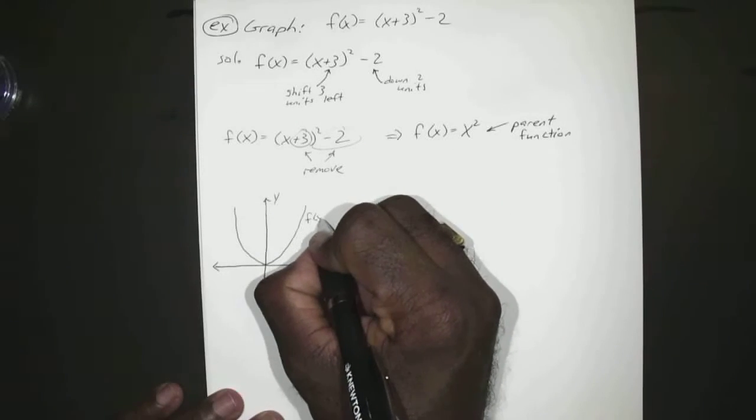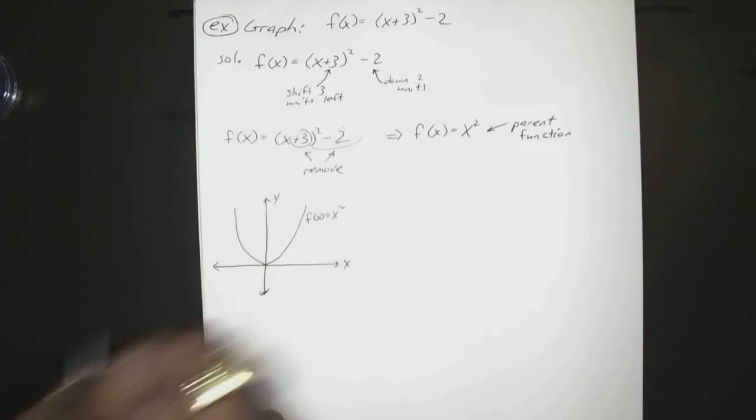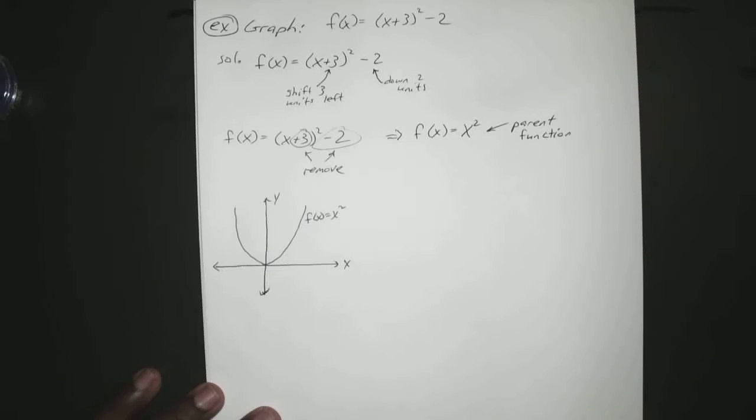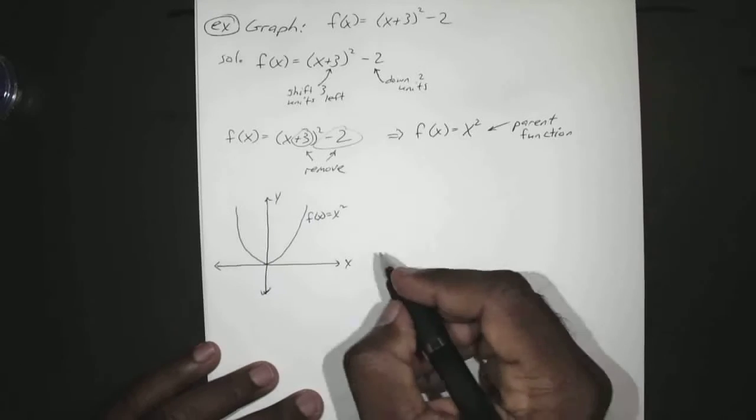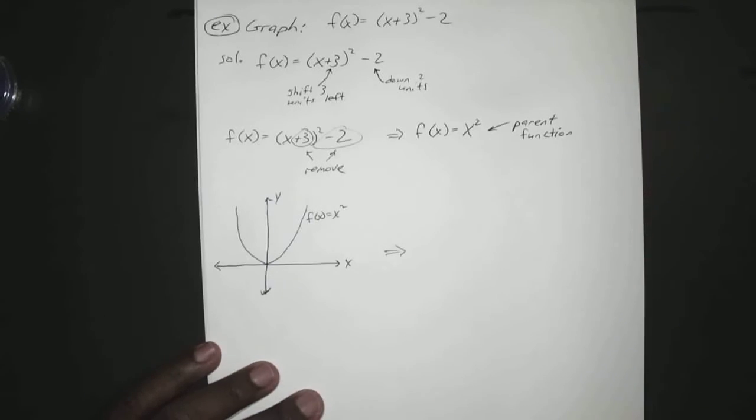Okay, so this is our f of x equals x squared. Now, it doesn't matter which one you do first. You can do the left to right first, the up and down first. Doesn't matter at all. Always try to get the left and right out of the way. Just my personal preference. But if you want to shift that down 2 and then left, that would work too.